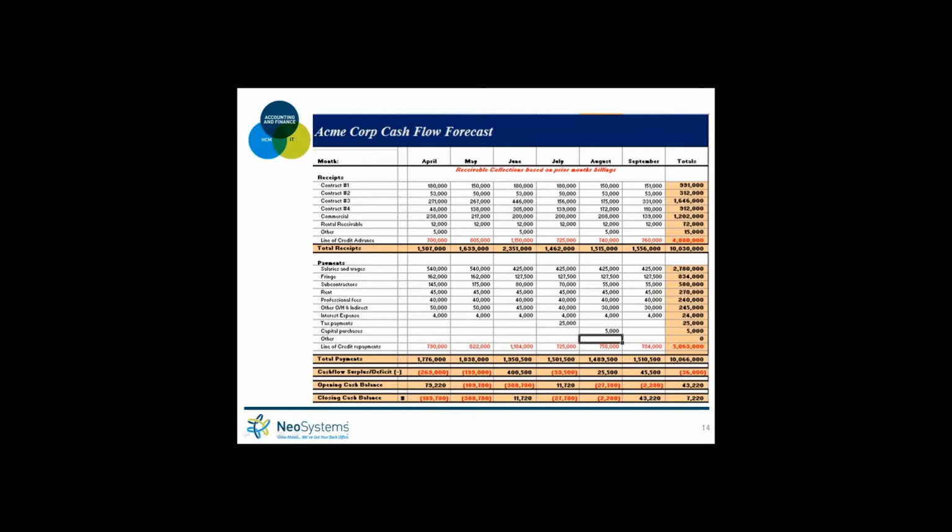So if you work based on contracts, then you would just put in how much you're expecting to invoice for that particular month. Then you have your payments, where you put in salaries and wages, your tax payments, other indirect costs, professional fees, and that sort of thing. And then it gives you a cash surplus or a deficit.